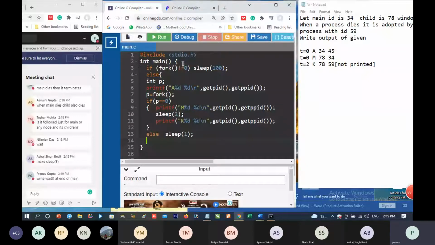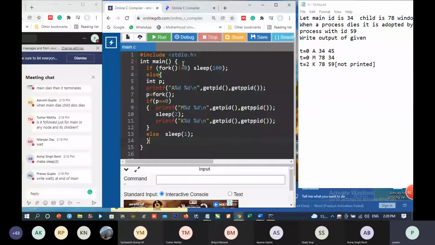Now observe the output. If we put wait at the end of the main, then we cannot see the adopted child. We want to see the adopted child also. If we put wait, parent will remain live, so we cannot see the adoption.